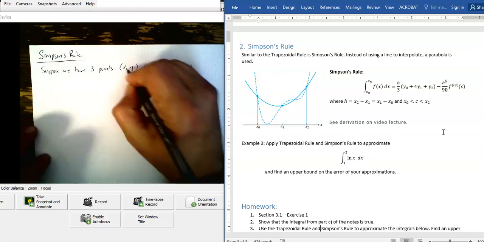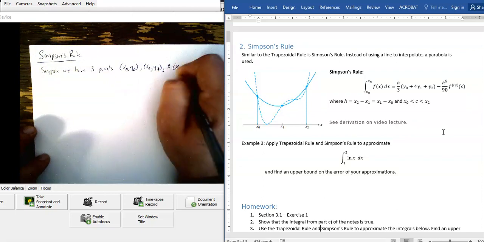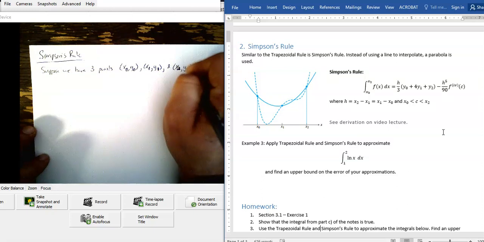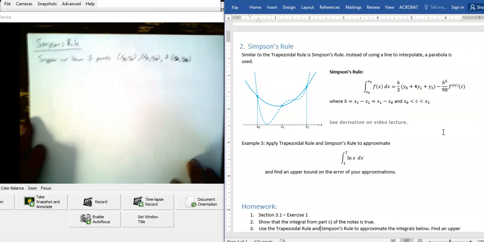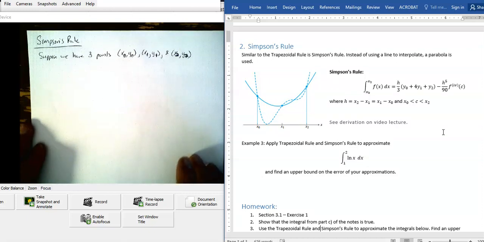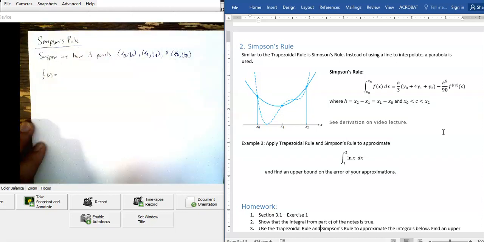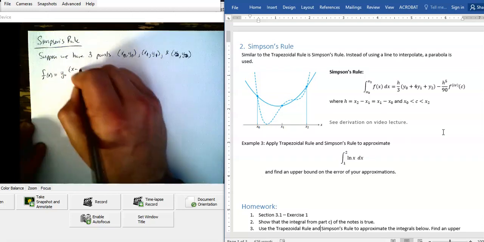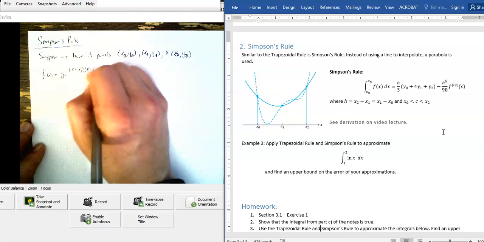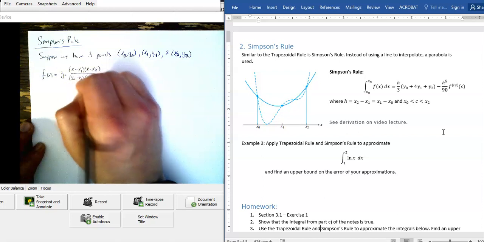So we have these 3 points for our interpolating polynomial. That interpolating polynomial, f of x, can be built by taking y0 times (x minus x1)(x minus x2) over (x0 minus x1)(x0 minus x2).